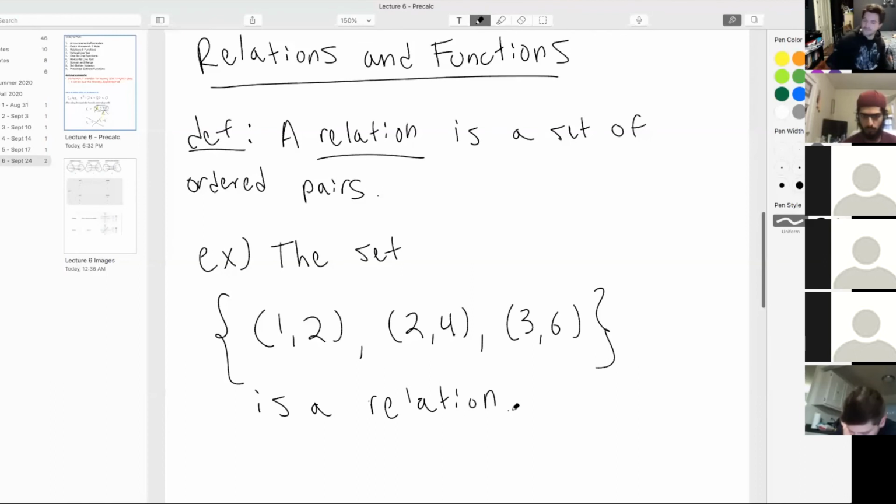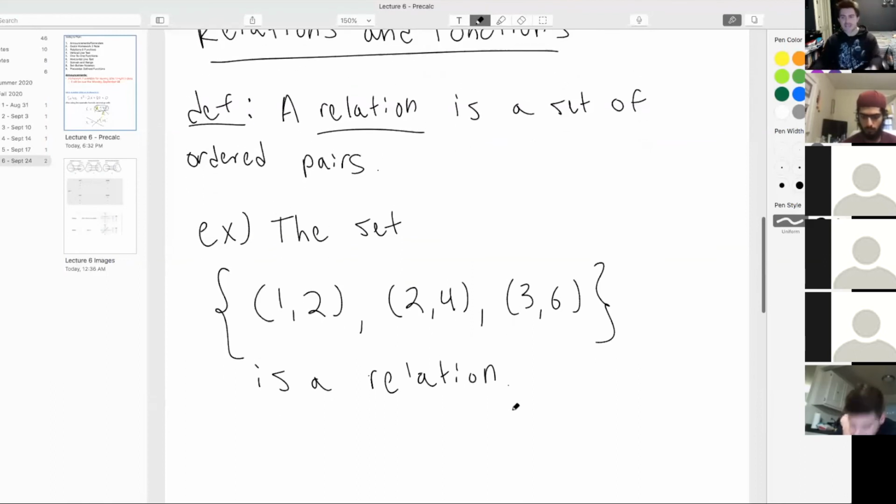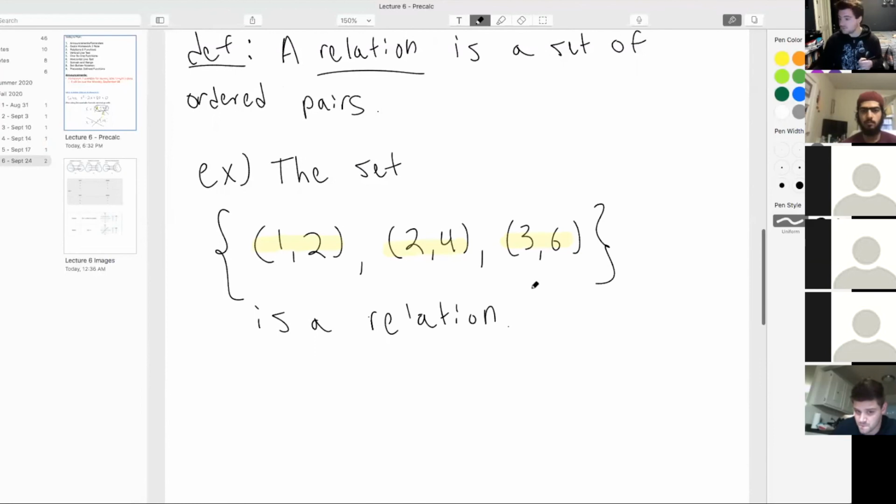I just have a set of ordered pairs. Each thing in this set, (1, 2), that's an ordered pair. (2, 4), that's an ordered pair. And (3, 6) is also an ordered pair. So I just have a set of ordered pairs, and that is a relation by definition. So here's an example of one.